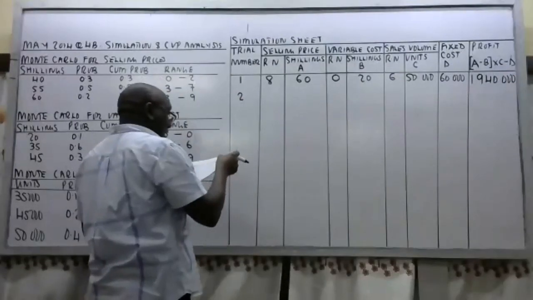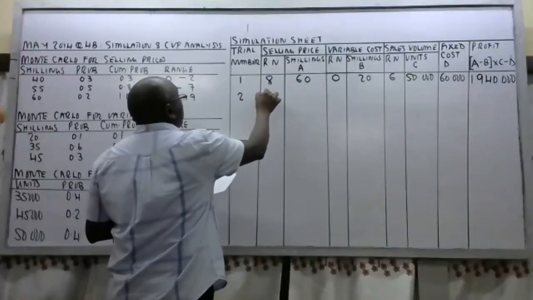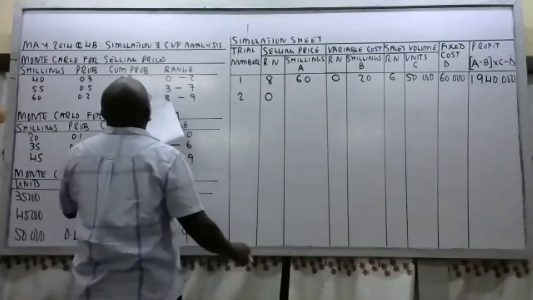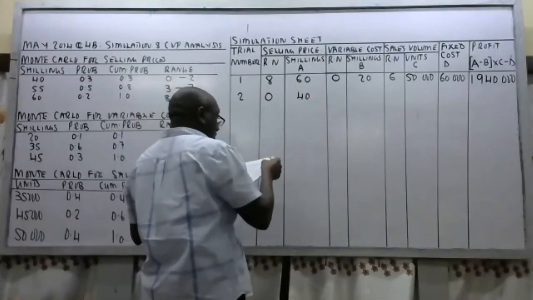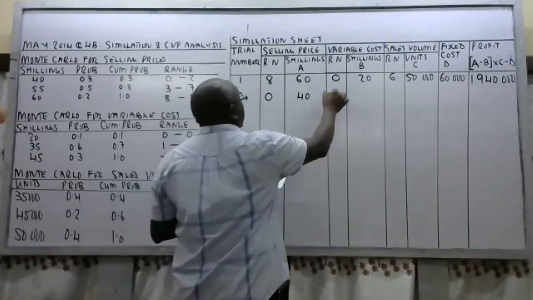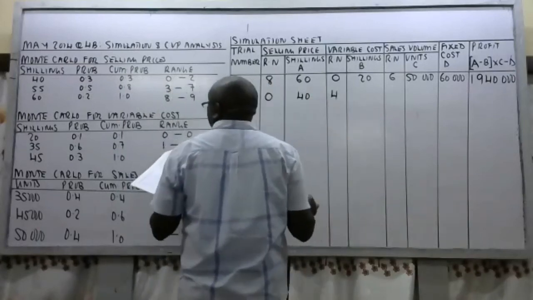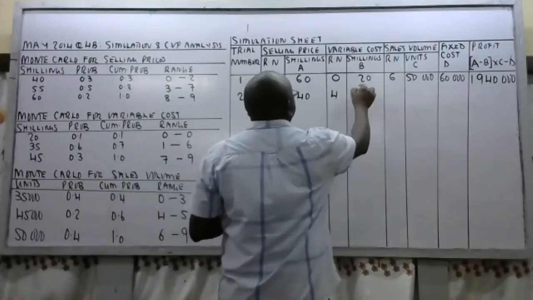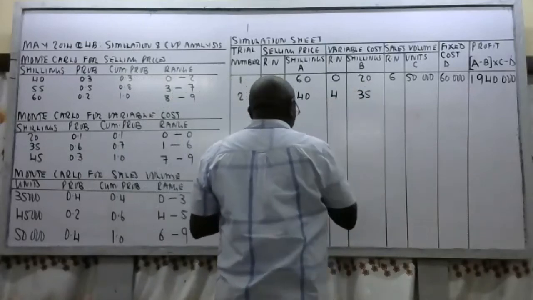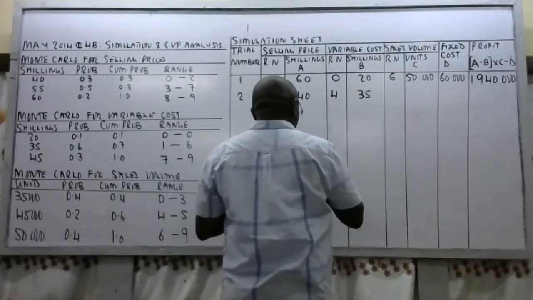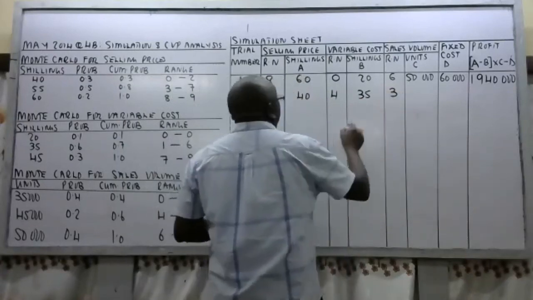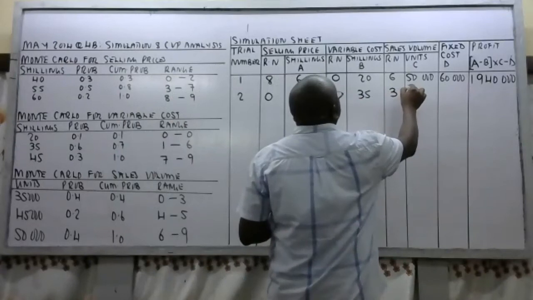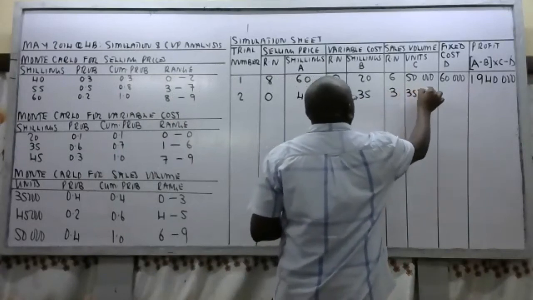Number 2, we have 0. 0, ukikuja hapa, it has 40. That 0 is followed by 4. 4, ukikuja hapa, iko kwa 35. That 4 is followed by 3. 3, ukikuja hapa, iko na 35,000.